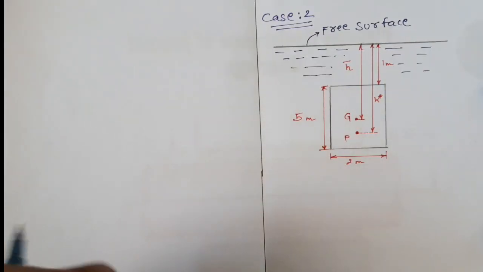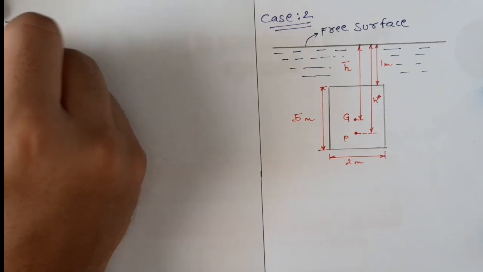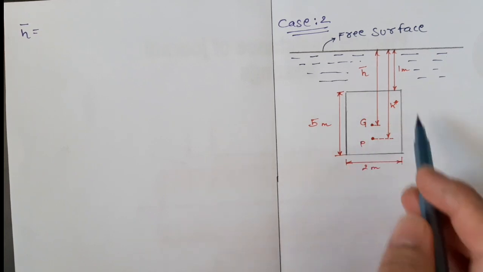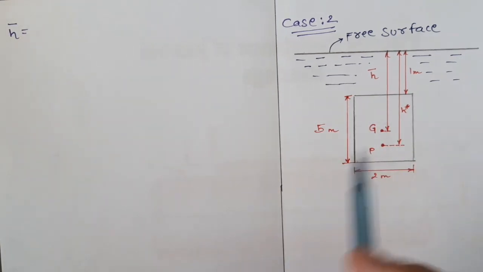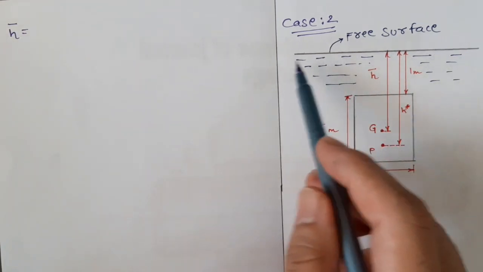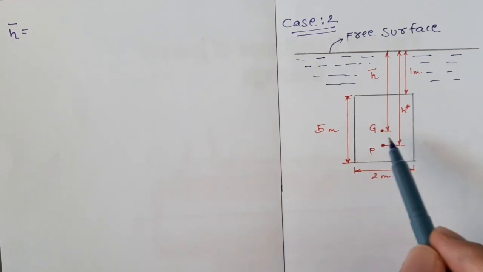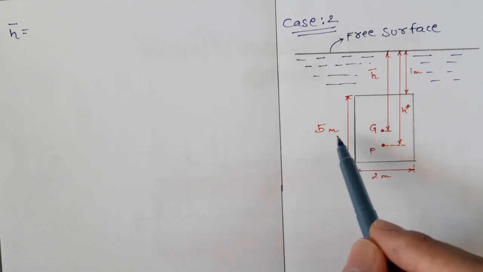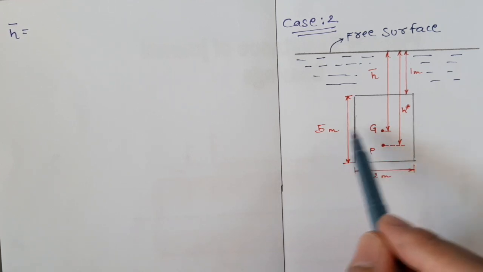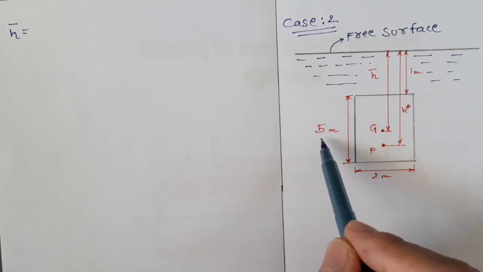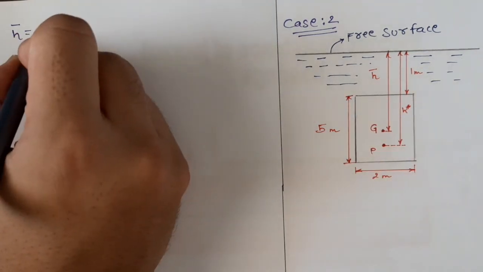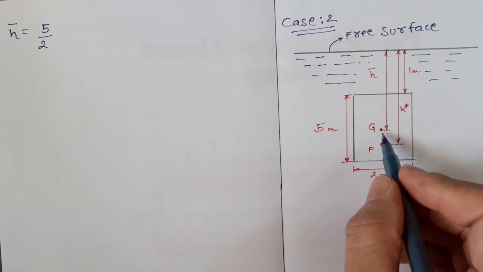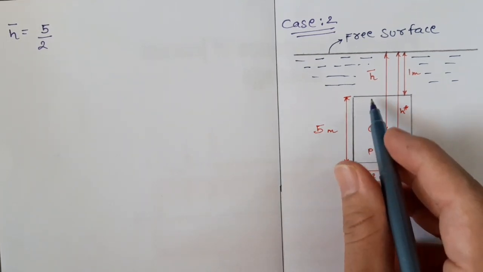So here we have h bar. h bar is the height of the centroid of this rectangular plate. So what is the height of this centroid from the free surface of the liquid? Now we know the centroid of the rectangular plate will be at h by 2 distance, that means height by 2, that means 5 by 2. It will be at a distance of 5 by 2 from the bottom or from the top.